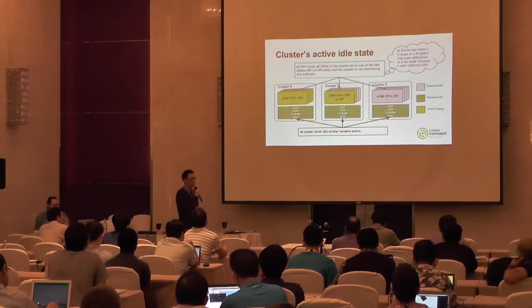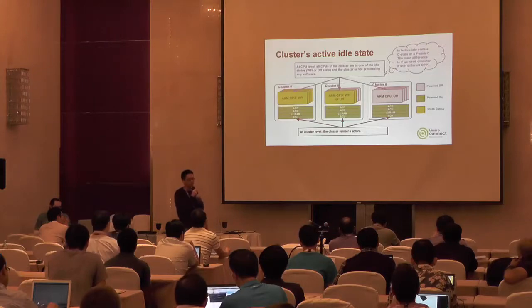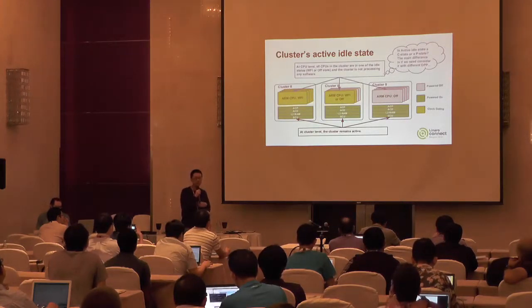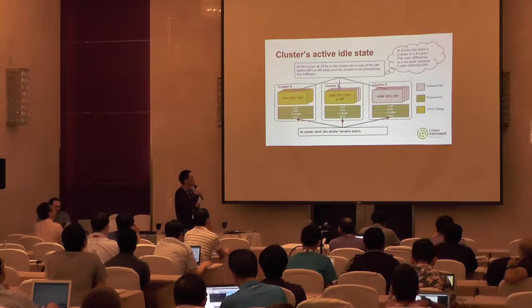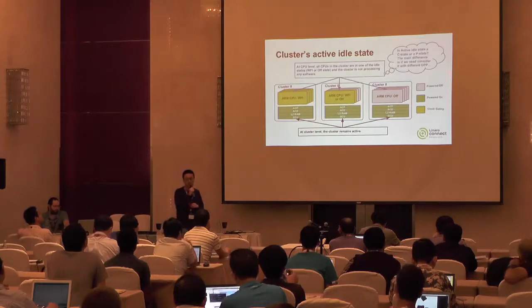Here I have one thing. When I read the EAS patches, there is also something I was a little confused about, and I took some time to understand it: the active idle state.